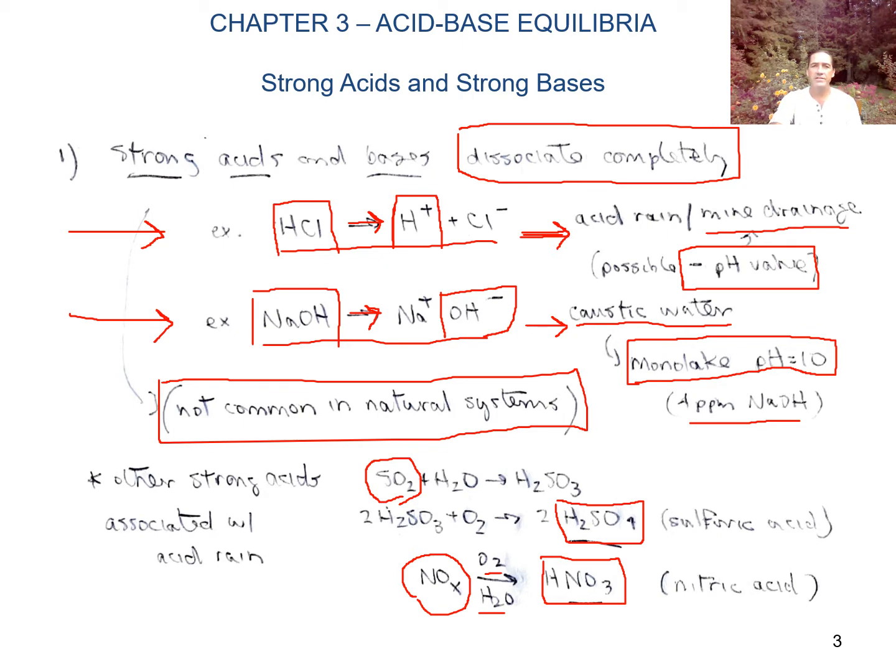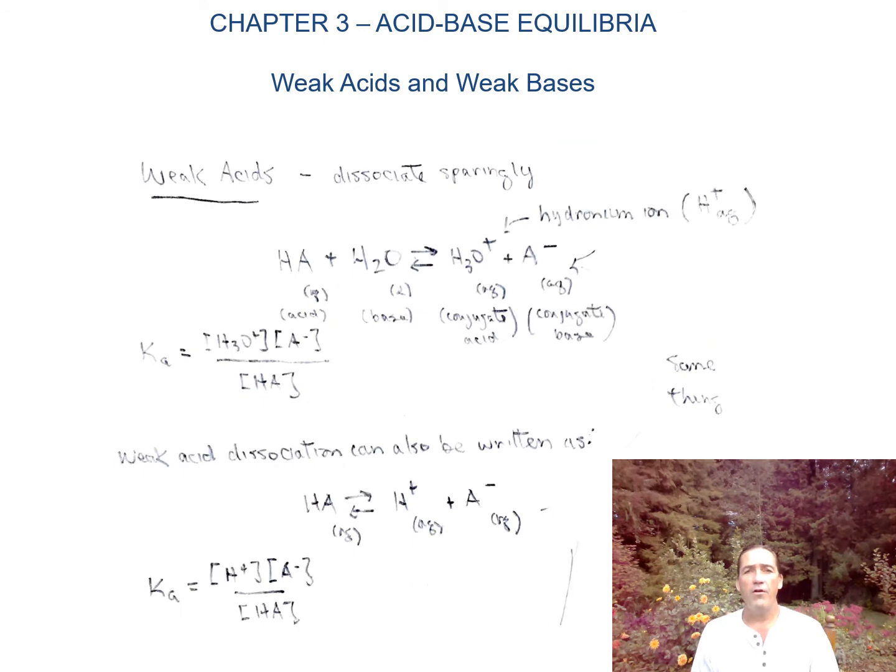So these are strong acids and bases. What we're more interested in are the weak acids and weak bases. These weak species are the ones that control and regulate the pH in natural waters. So let's first talk about weak acids.